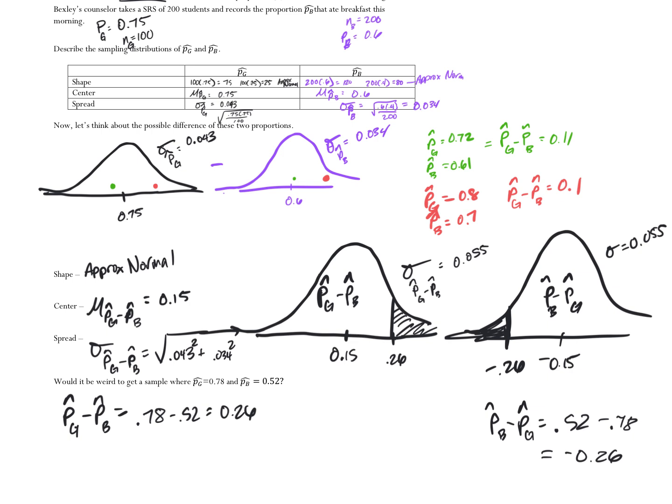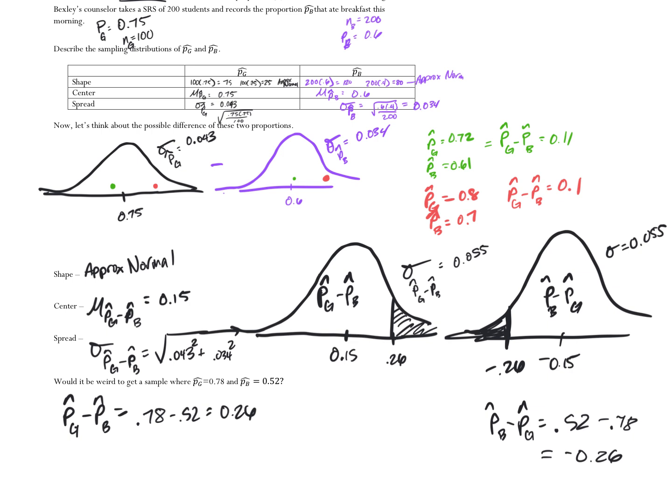This one I'm telling you it's Grandview minus Bexley. This one I'm telling you Bexley minus Grandview. Having those labels telling me which direction you're doing that subtraction communicates which of these two graphs I'm grading you on. Did that answer your question?